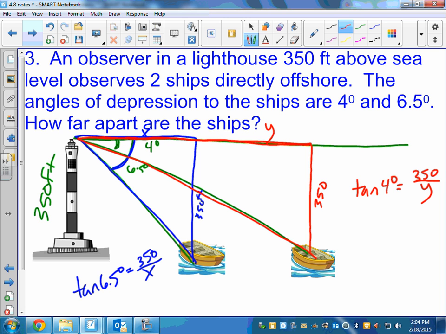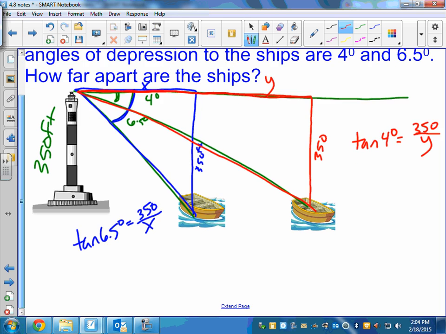Pretty far out for these little tiny rowboats, I would think, but I got x to be 3,071.91 feet and y to be 5,005.23 feet.